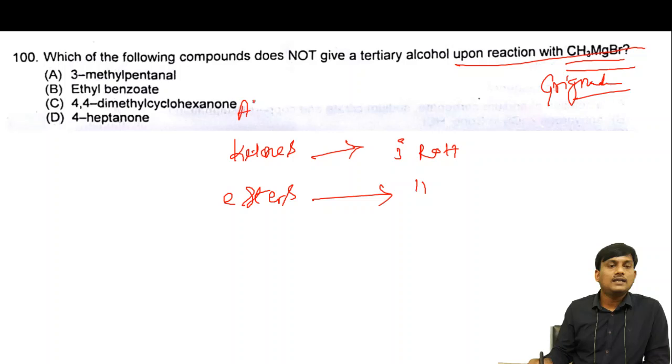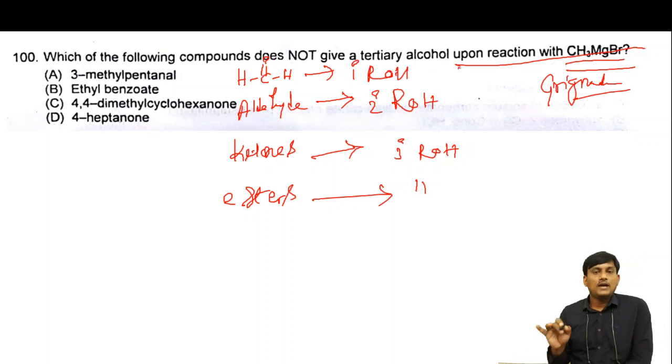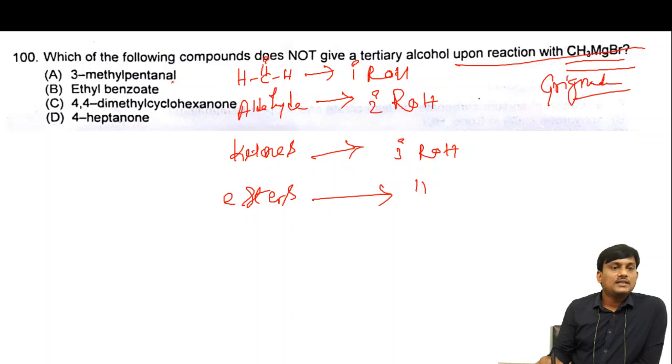Aldehydes other than formaldehyde give a secondary alcohol. If you take formaldehyde, HCHO, there is a formation of primary alcohol. So you have to identify whether it is an aldehyde, ketone or ester.